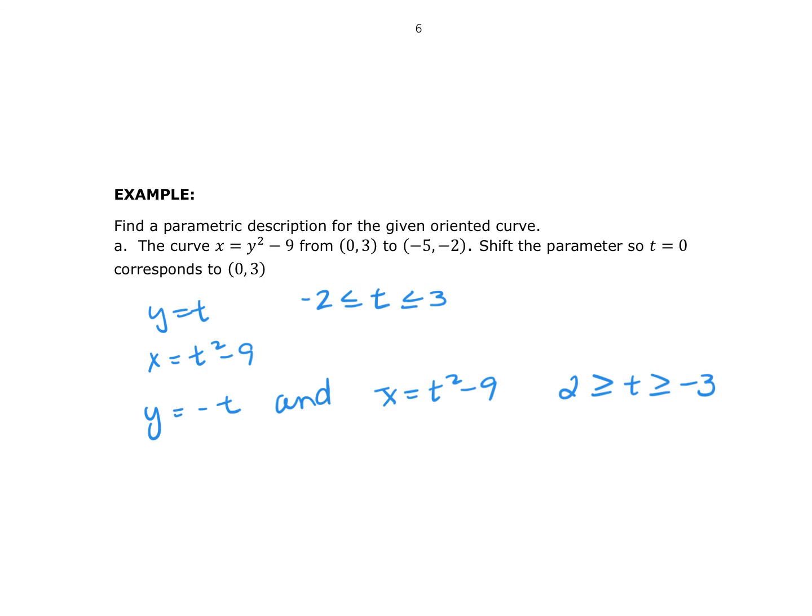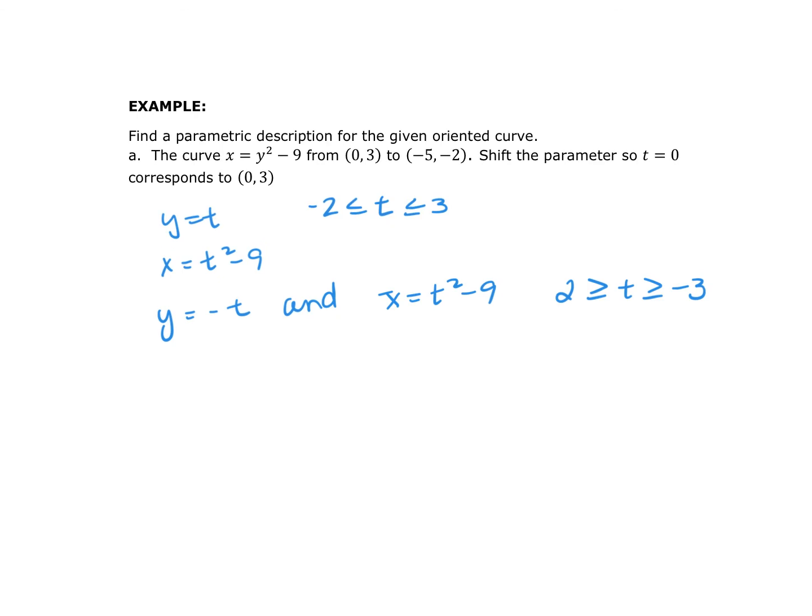Now, I want to shift this so that when I put in t equals 0, it starts at 0, 3. So it corresponds to 0, 3. To make this shift, what we're going to do is write this as y is equal to negative t plus 3, because I need this to be 0.